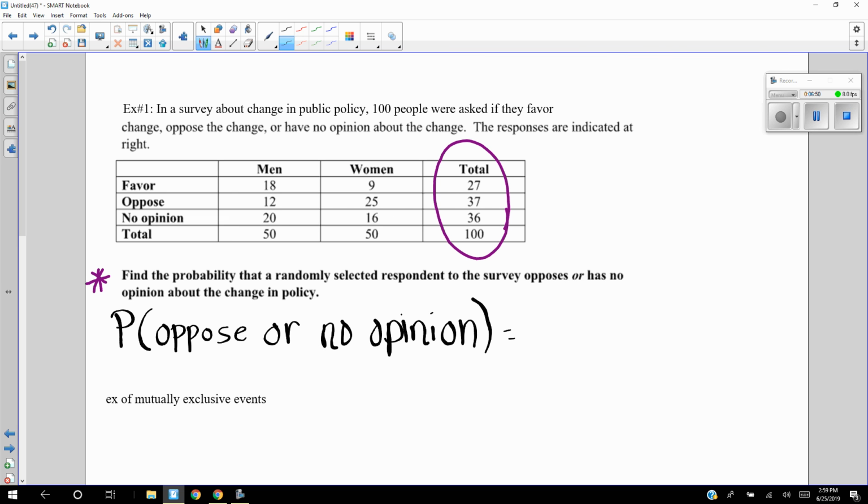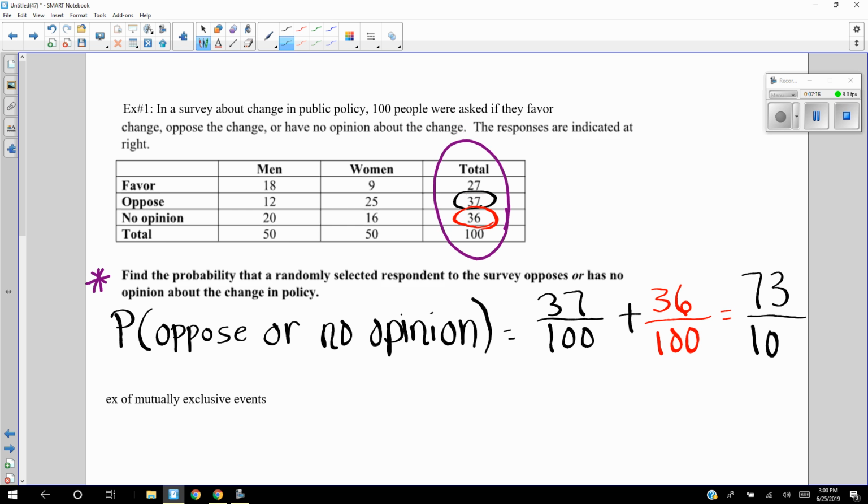So the probability of someone opposing is 37 people opposing out of 100 total respondents, plus the probability of someone having no opinion, which is 36 out of 100. Add those together. I think we're going to get a fraction that does not reduce. So there's a 73 out of 100 chance that one or the other occurs.